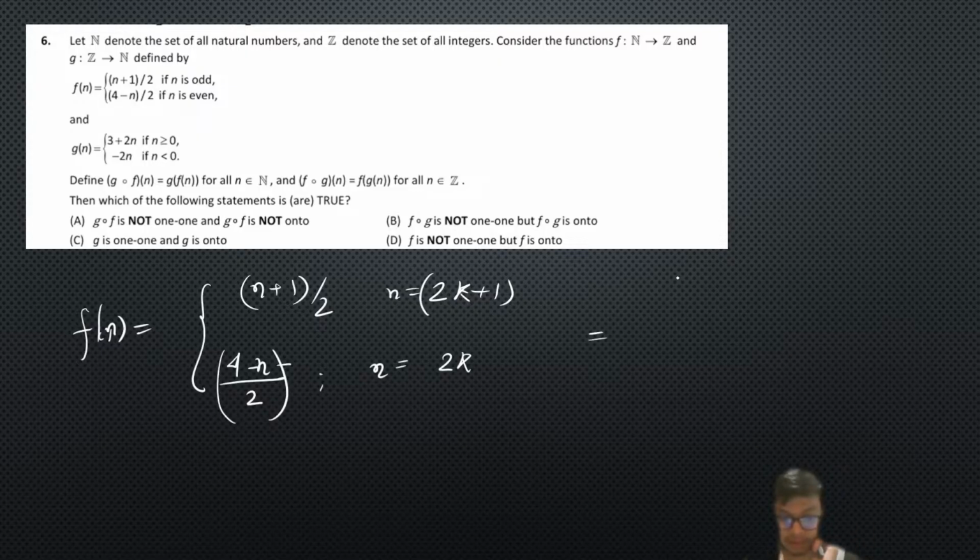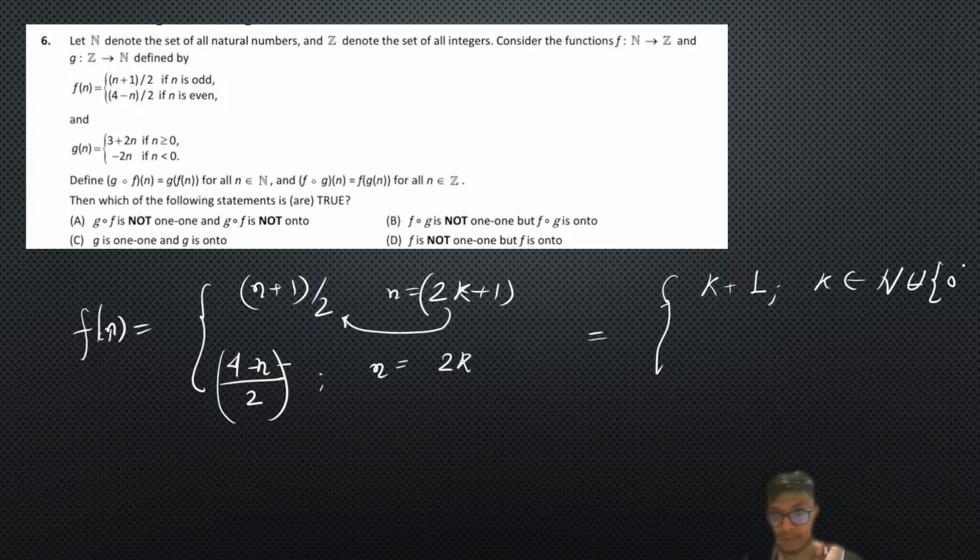And this can be given in terms of k as well. So if I put it back over here, I can write it as k plus 1 for k belongs to natural numbers union 0, and it can be given as 2 minus k for k belongs to natural numbers, right?